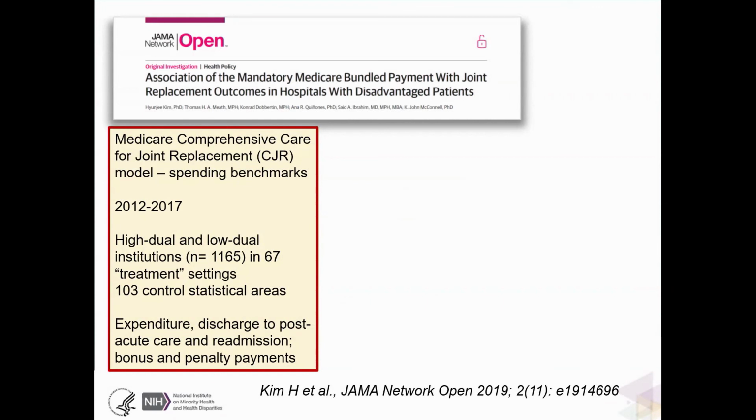So in this analysis, they are comparing hospitals that take care of a high volume of patients that are dual eligible, Medicare, Medicaid, and hospitals that serve patients with a lower number of dual eligible people. And this is an indicator of socioeconomic status.